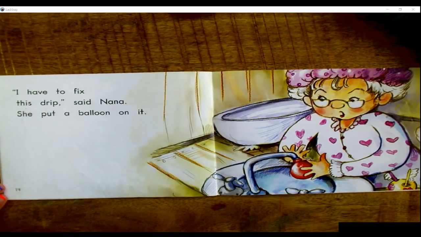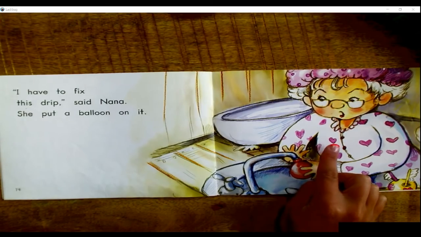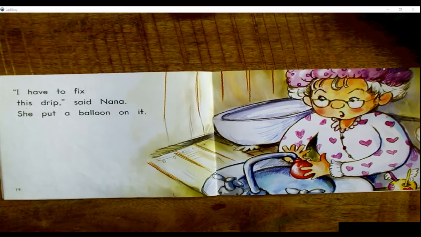Now, boys and girls, we have read a lot of events that have happened in the middle of the story. I could say each event, or I could summarize those events by saying what happened overall. So overall, Nana tried many different solutions to try to fix the problem. The events that she tried were a sock, tape, and now a balloon.